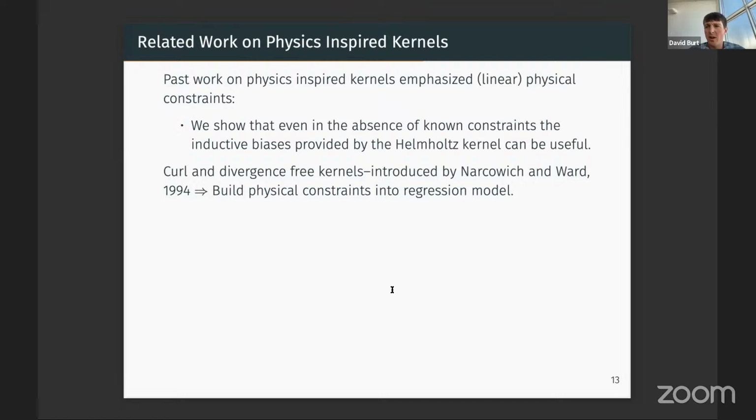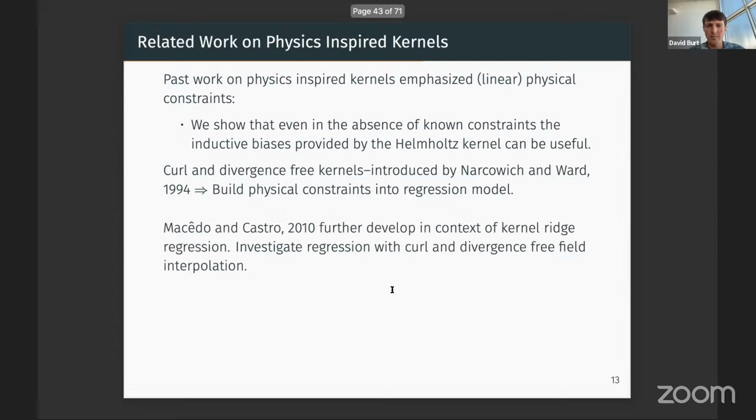So just to talk about some of the earlier work in this direction, there was earlier work by Narkowicz and Ward introducing curl-free and divergence-free kernels, or more generally kernels satisfying these linear constraints on the outputs, in order to build physical constraints into interpolation with kernels.